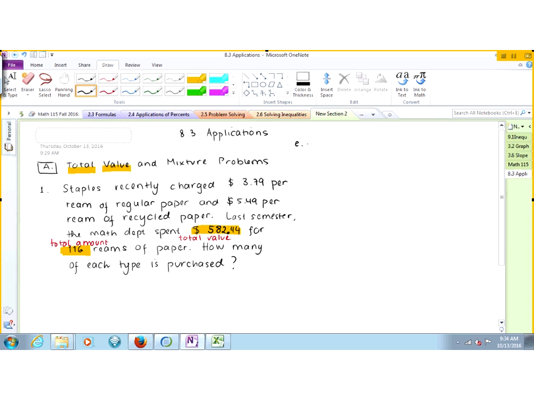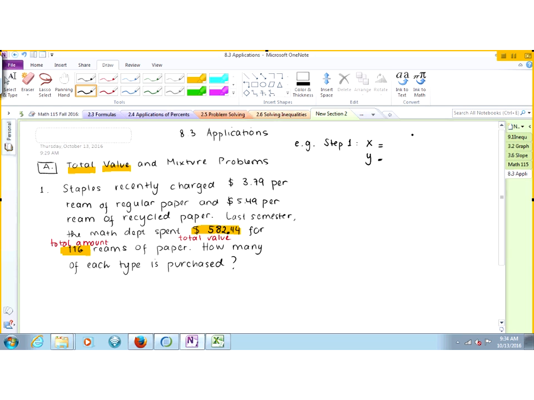So what's going to happen here? How do we write down the steps? Step 1, we have two types of paper. What are they? Regular and recycled. Both start with R, so we could use X and Y, because I don't think we can use R and R, right?